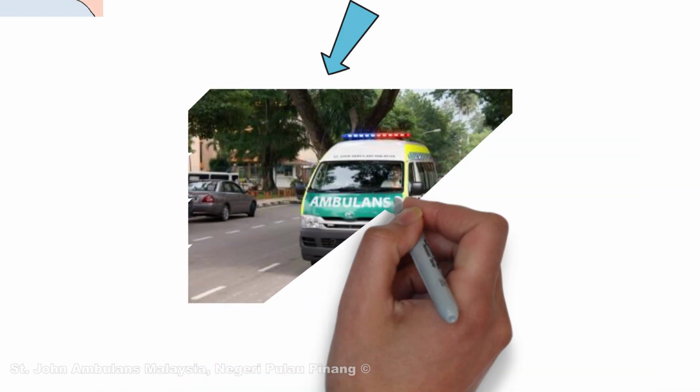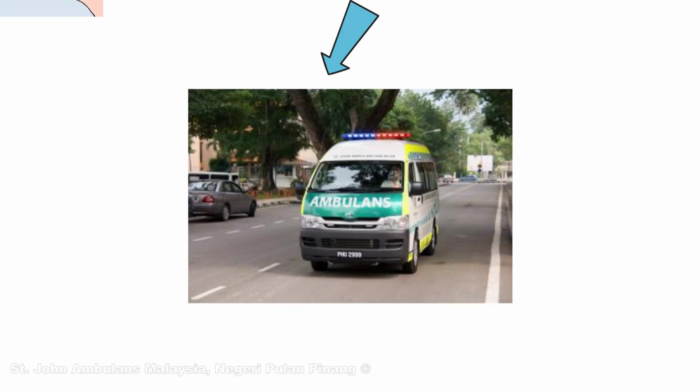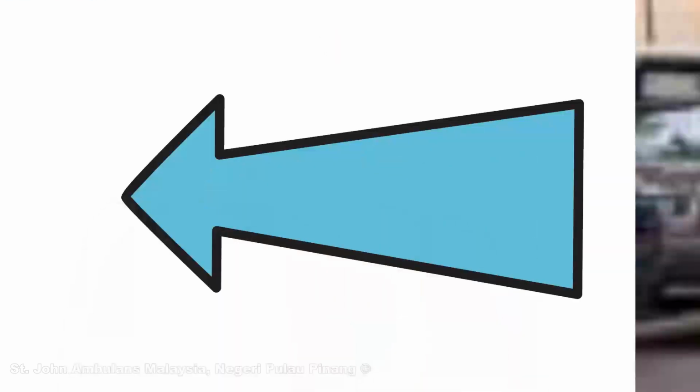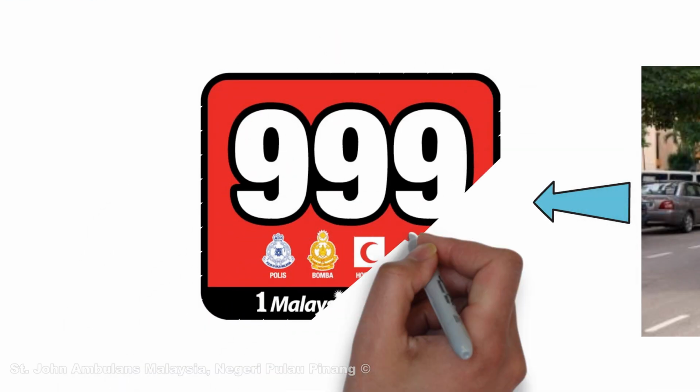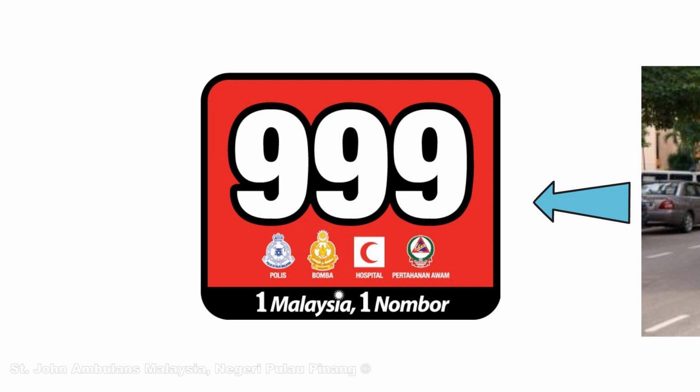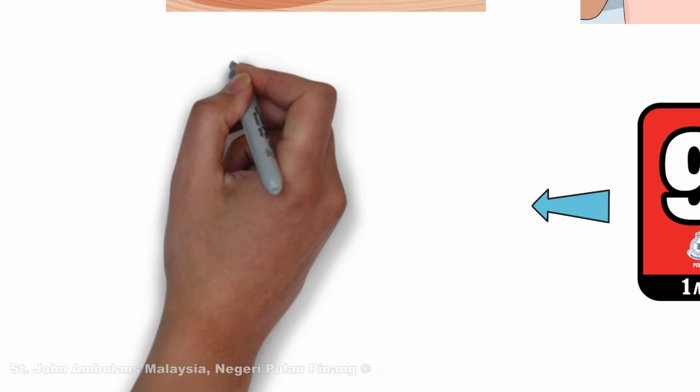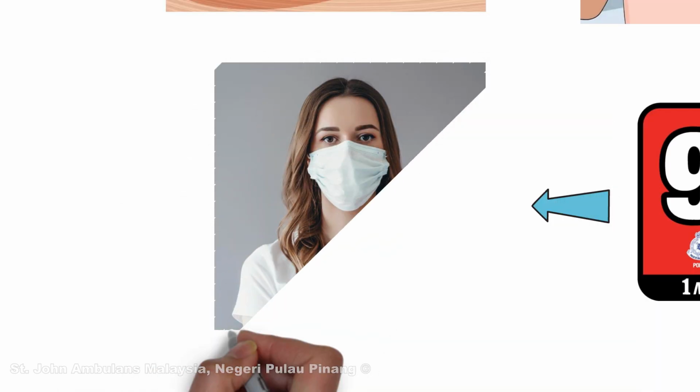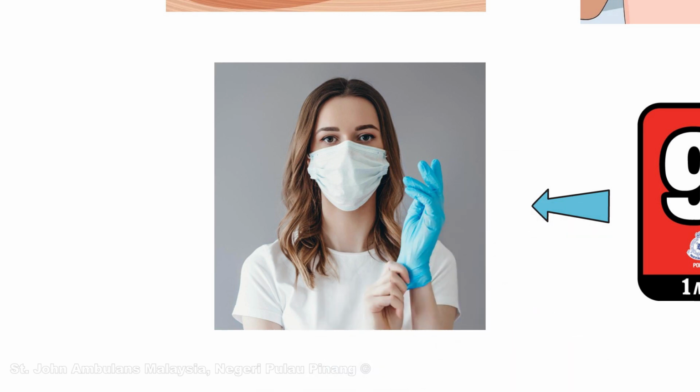Lastly, arrange removal to the hospital with comfortable support during transport by calling 999 for emergency help. Always remember to wear gloves or the necessary personal protective equipment when we are dealing with the casualty.